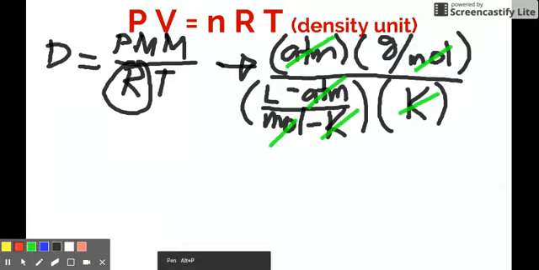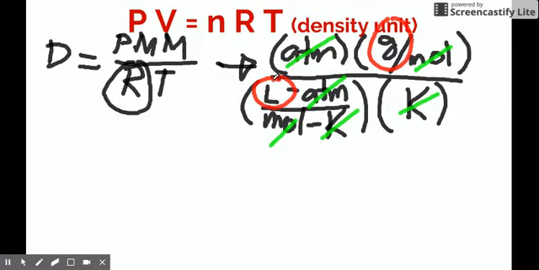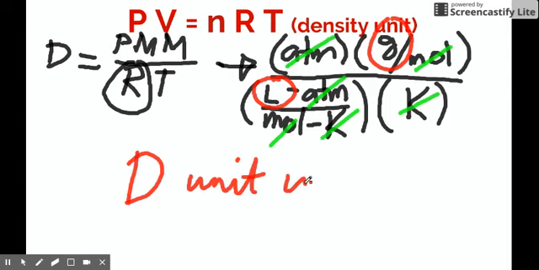Therefore, the remaining final unit is grams per liter. So the final unit of density in terms of the ideal gas law is grams per liter. Every time you are dealing with a density calculation and you're using PMM over RT, that means the final unit of density is grams per liter.